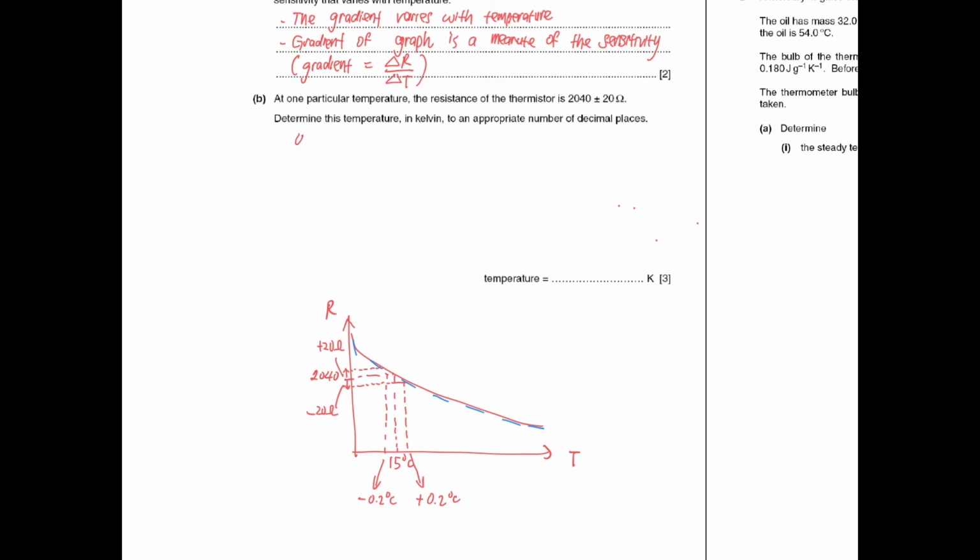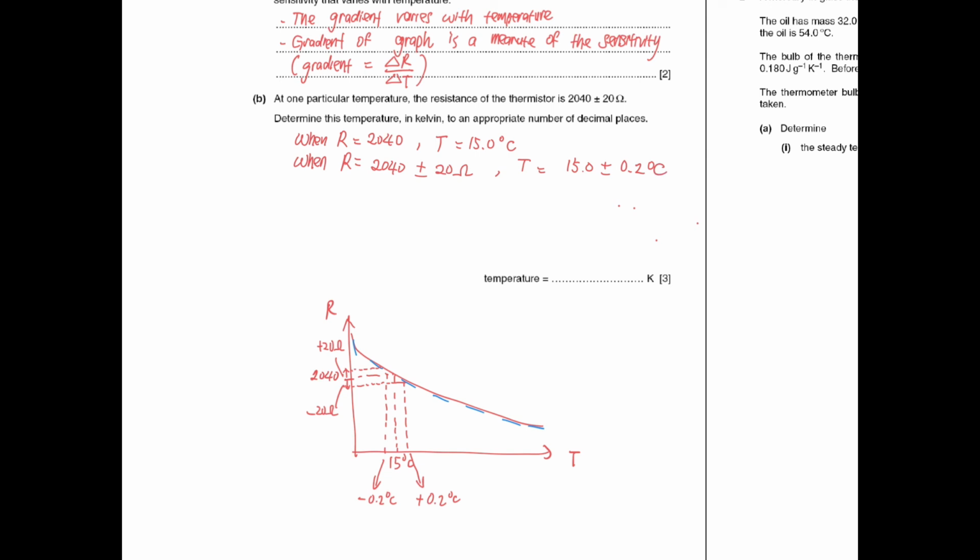First, when R is 2040, the temperature is 15.0 degrees Celsius. So when R is 2040 plus minus 20 ohm, T is 15.0 plus minus 0.2 degrees Celsius.